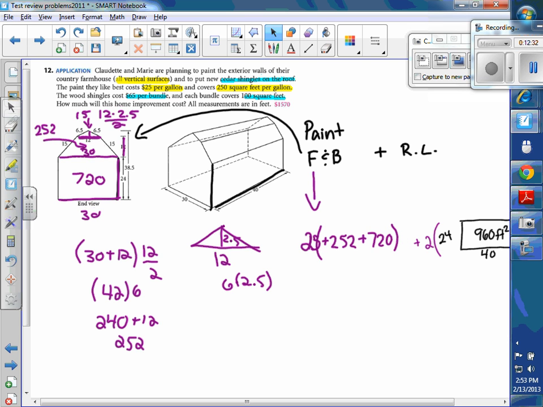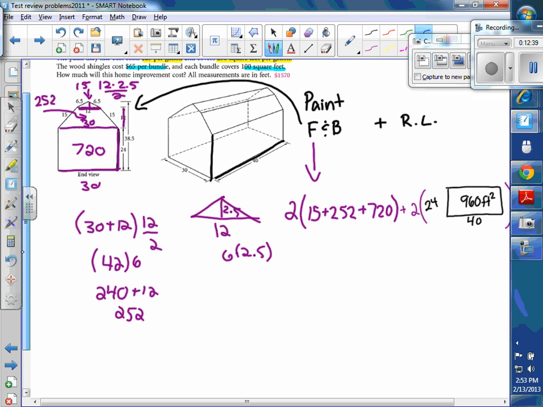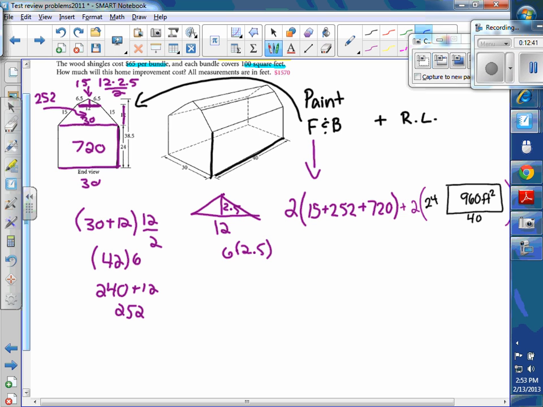So, you know what's going to happen. This is all vertical surfaces. So this is 2 times 252 and 720. We would get 972 here, right?